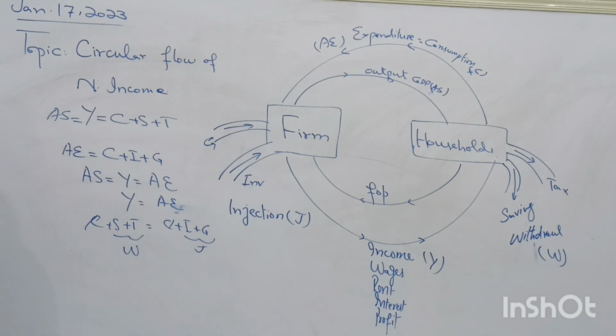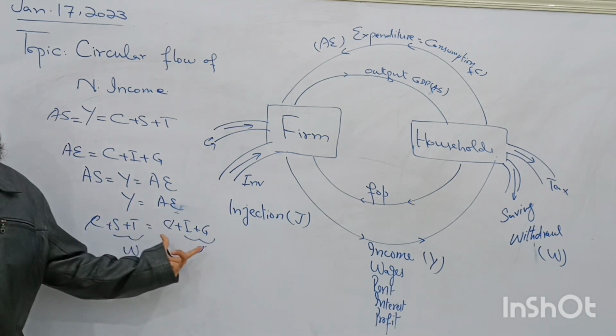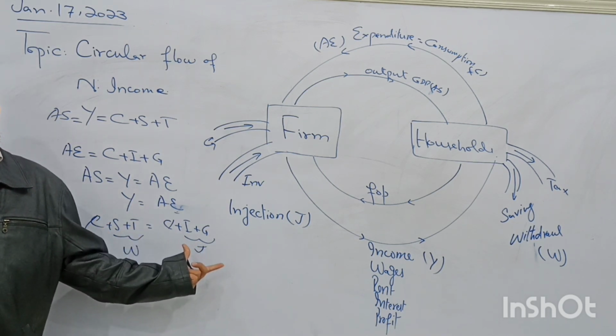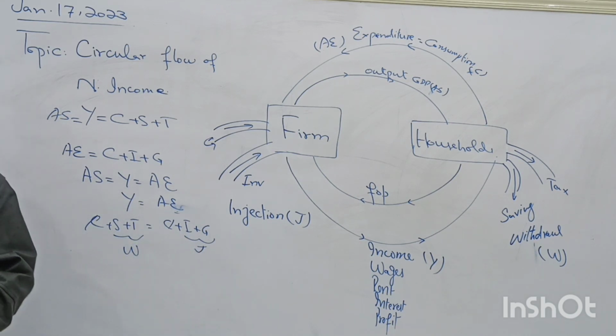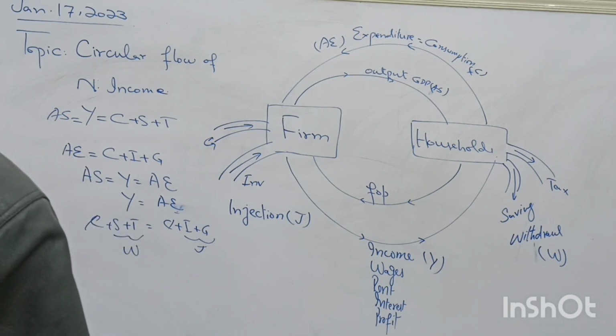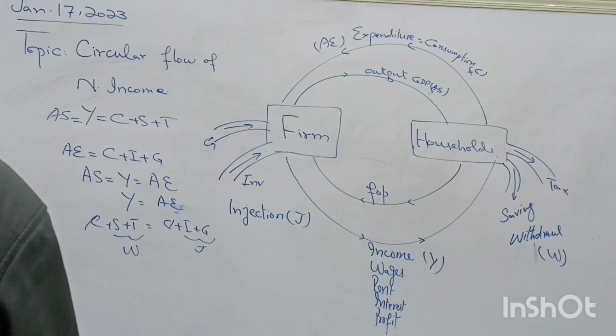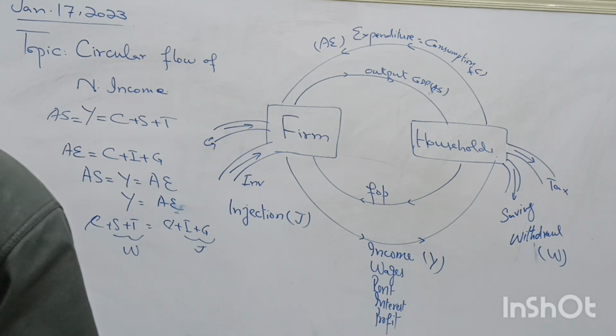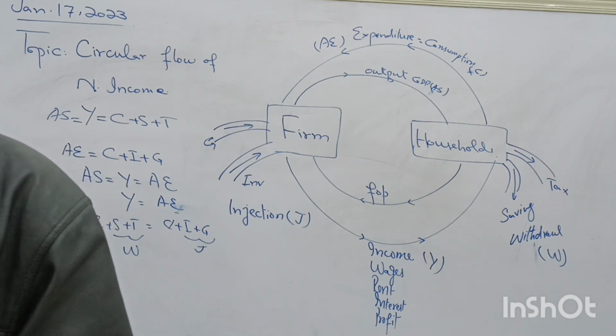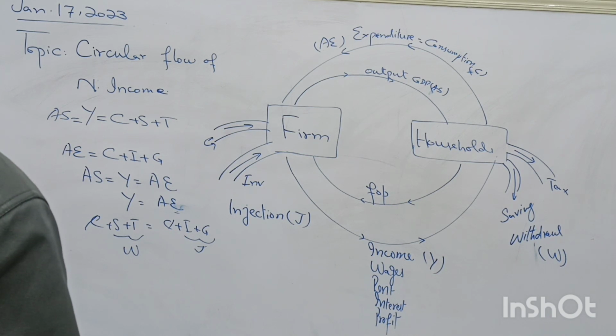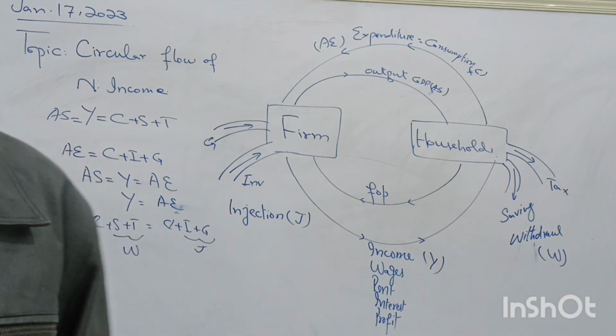In order to have equilibrium or stability, these two withdrawals should balance with two injections. There should be a balanced budget, saving should equal investment, and government taxes should equal government spending. Or the sum of these withdrawals should equal the sum of the injections. Then the economy will reach the equilibrium point, and this is a closed economy with three sectors.